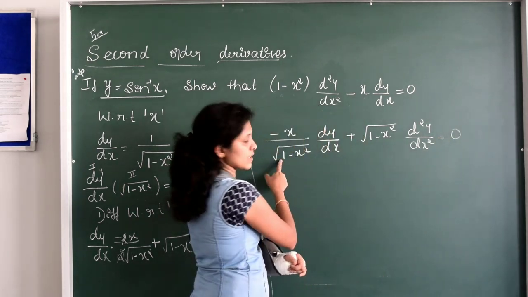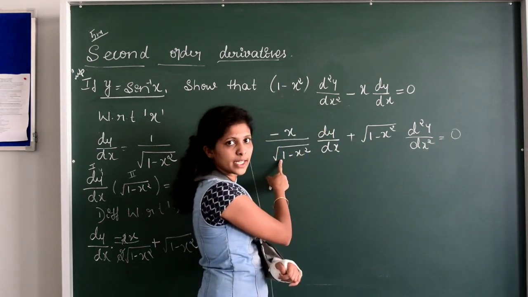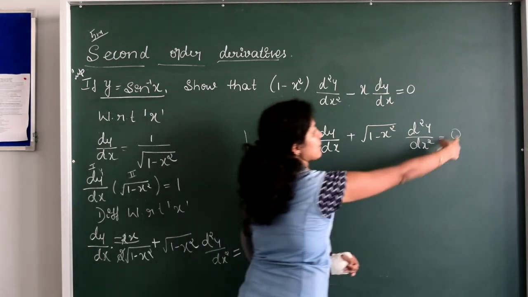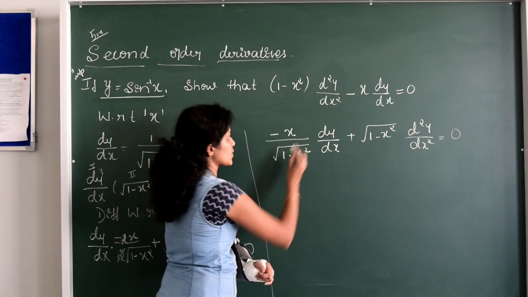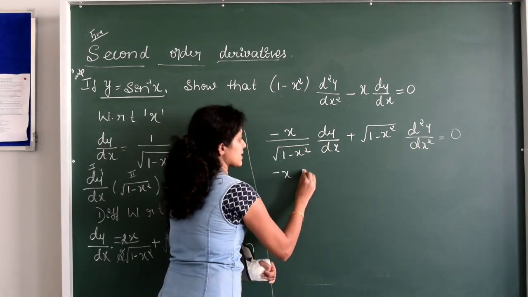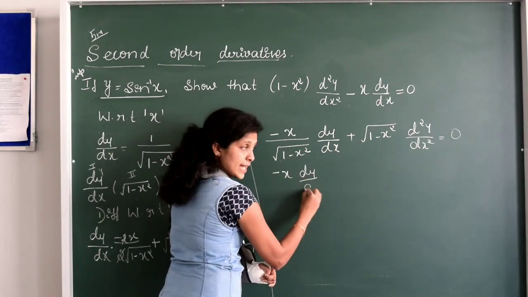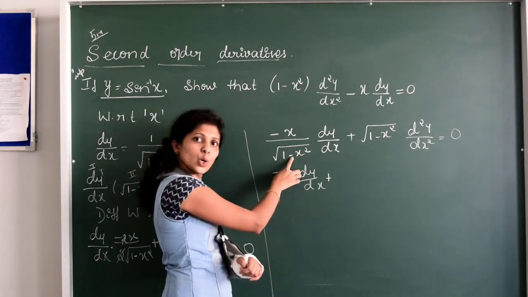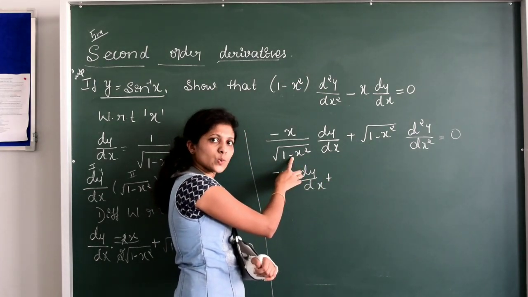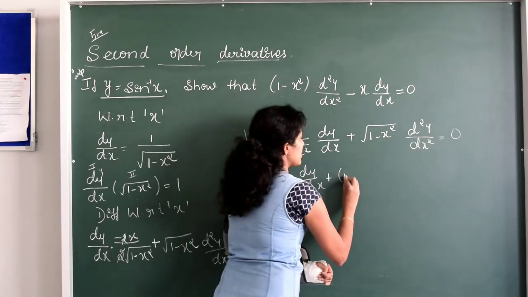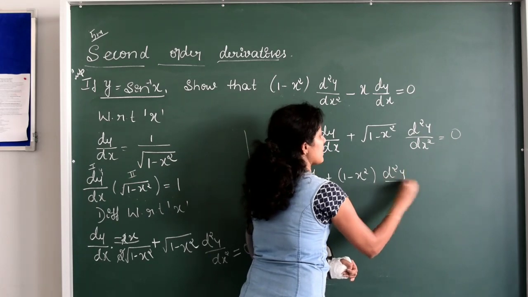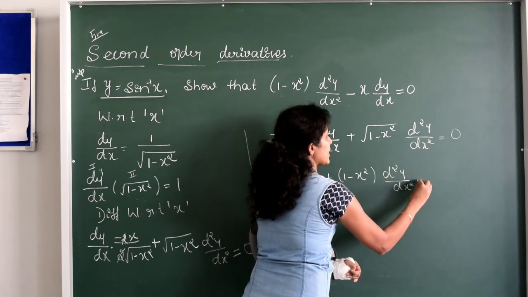Now we will take LCM. LCM will be root of 1 minus x square. So if I take the LCM root of 1 minus x square and multiply here, this will be equal to 0. So this is now minus x, is it clear, into dy by dx plus root of 1 minus x square into root of 1 minus x square. So square and square root will get cancelled, remaining with 1 minus x square into d square y by dx square equal to 0.